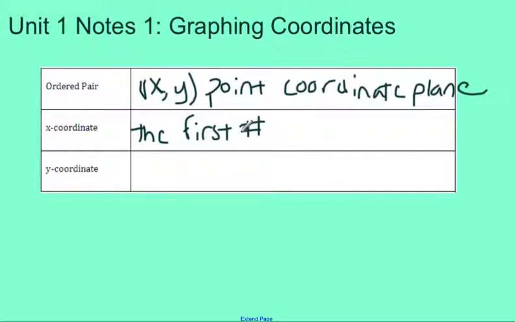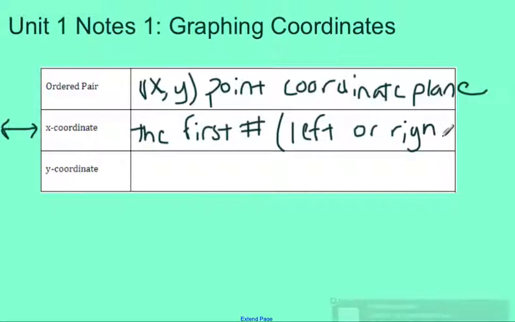But also something we need to know about the x-coordinate is that it's the one that goes horizontally. It goes left to right. So the x-coordinate is either going to tell us how much left we need to go or how much right we need to go. Left is going to be negative, if you want to make a note to yourself, and right is going to be positive. Okay, so left is negative, right is positive.